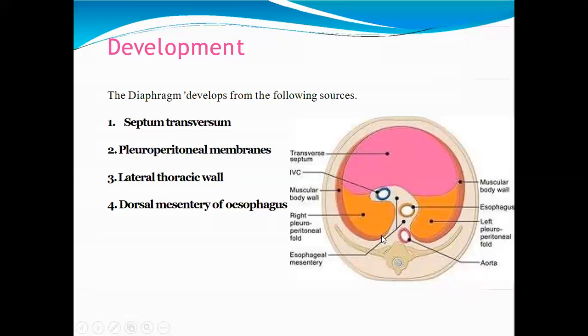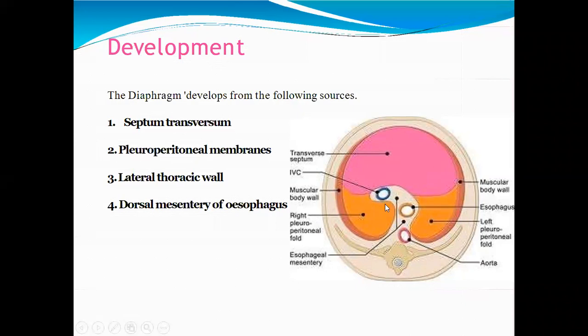It joins with this septum transversum, and from the side these pleuroperitoneal membranes join with that, and thus we have the complete partition between the abdominal cavity and the thoracic cavity, with openings for some structures which are coming down from the thoracic cage to the abdominal cavity, and some going up.